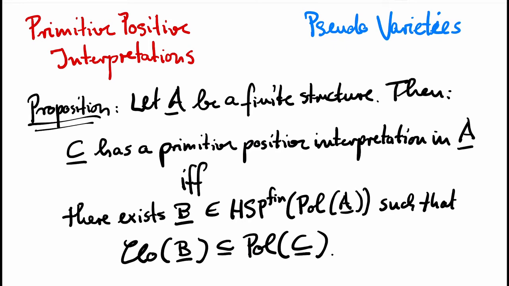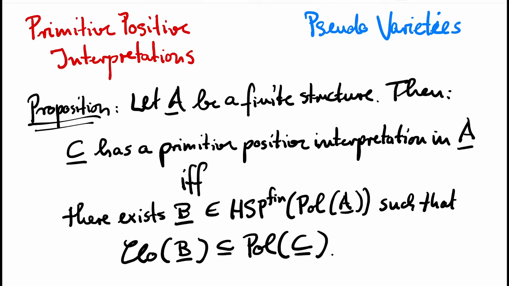Note that, combined with the things that we have learned about primitive positive interpretations, this tells us that the computational complexity of the constraint satisfaction problem for A is fully determined by the pseudo-variety generated by pol of A. So we have taken another abstraction step. We might now wonder, what if we replace the pseudo-variety by the variety?